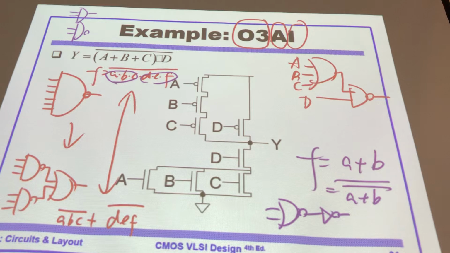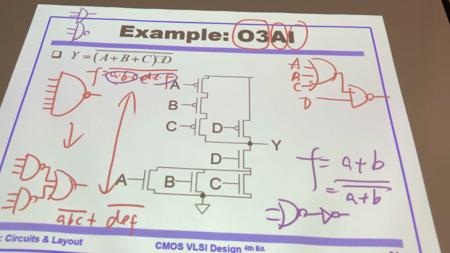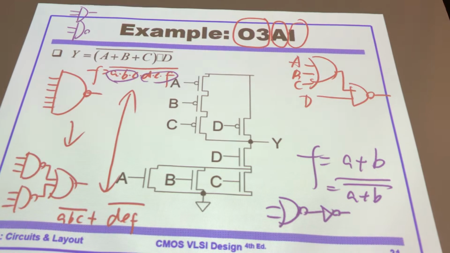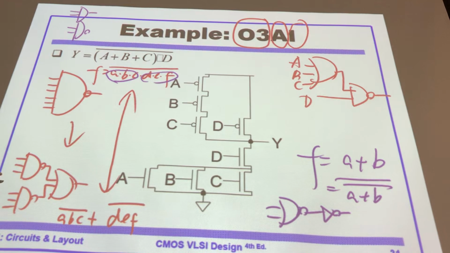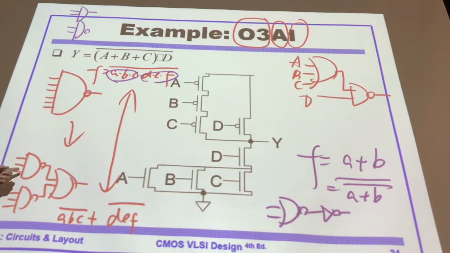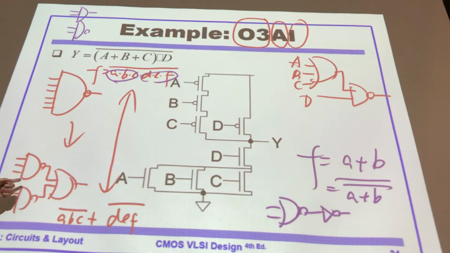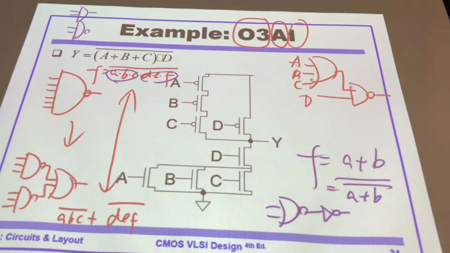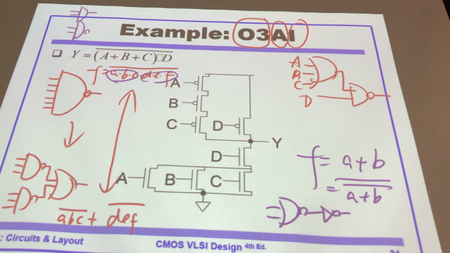Okay, and by the way, there's a NAND gate. Why NAND gate, not AND gate? Because every AND gate is built from a NAND gate cascaded with an inverter, so that's the same thing.